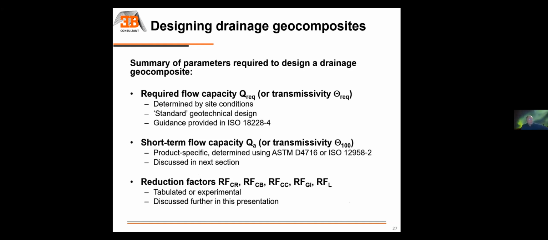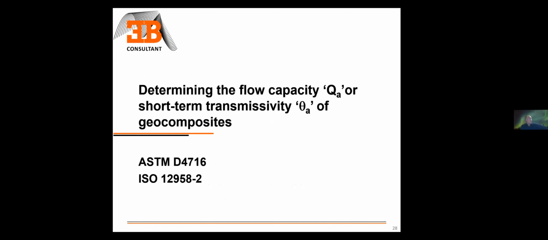And finally, reduction factors, which are specific to the product and the project. And we're going to discuss that now. So first things first, determining the flow capacity QA or short-term transmissivity tau A of the geocomposite.